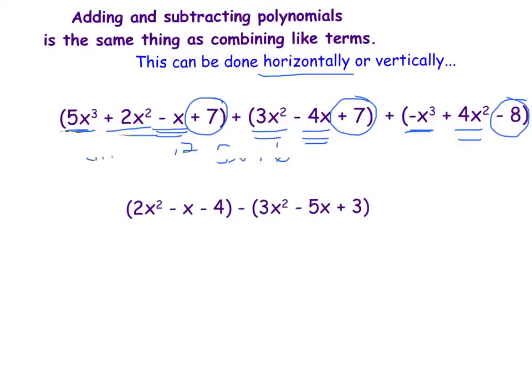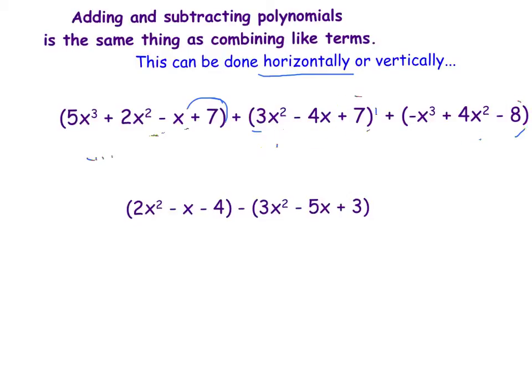If I were to do this vertically, let me just erase this. If I was to do this vertically, I would just line up the different terms vertically. So I have my x to the third. I only have one other x to the third. So I'm going to just start with this right here.